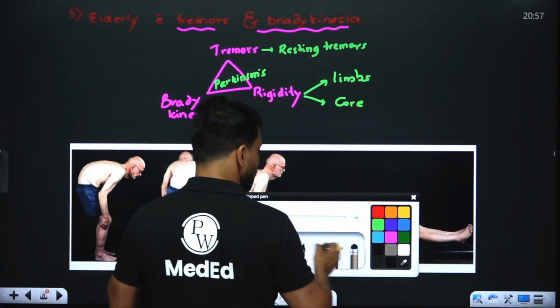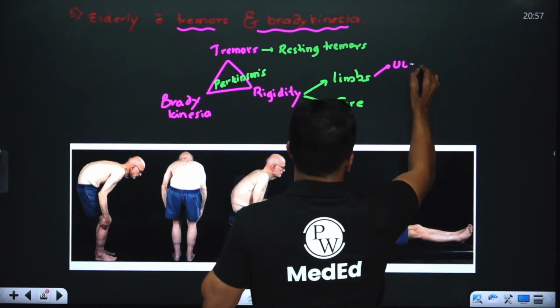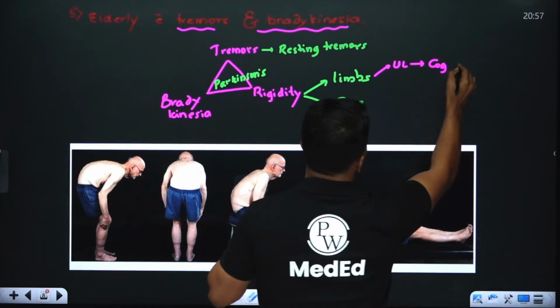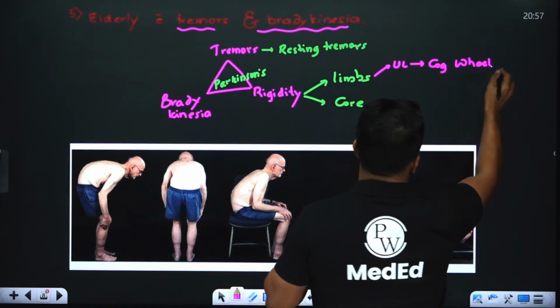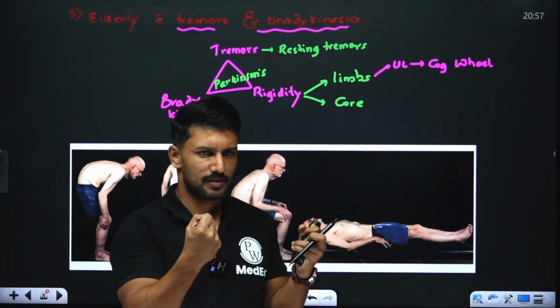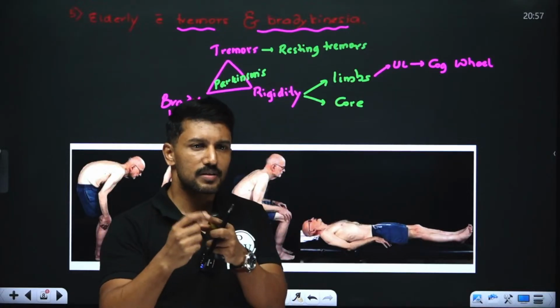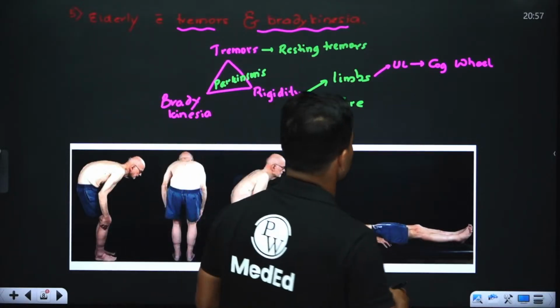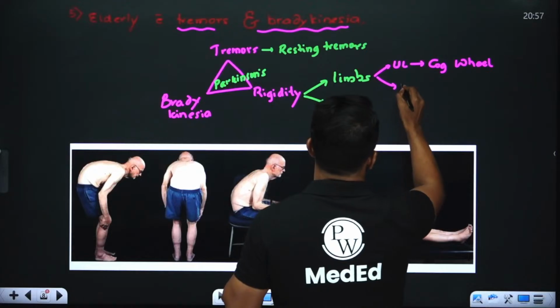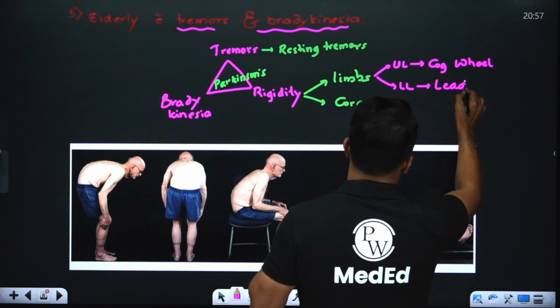When it affects the limb muscles, in the upper limb it leads to what we call cogwheel rigidity, because upper limb rigidity means there is some degree of stiffness to the muscles, but the muscles also have that tremor. So tremor plus rigidity put together we call cogwheel rigidity. And in the lower limb there is no tremor, so only stiffness, so we call it lead pipe rigidity.